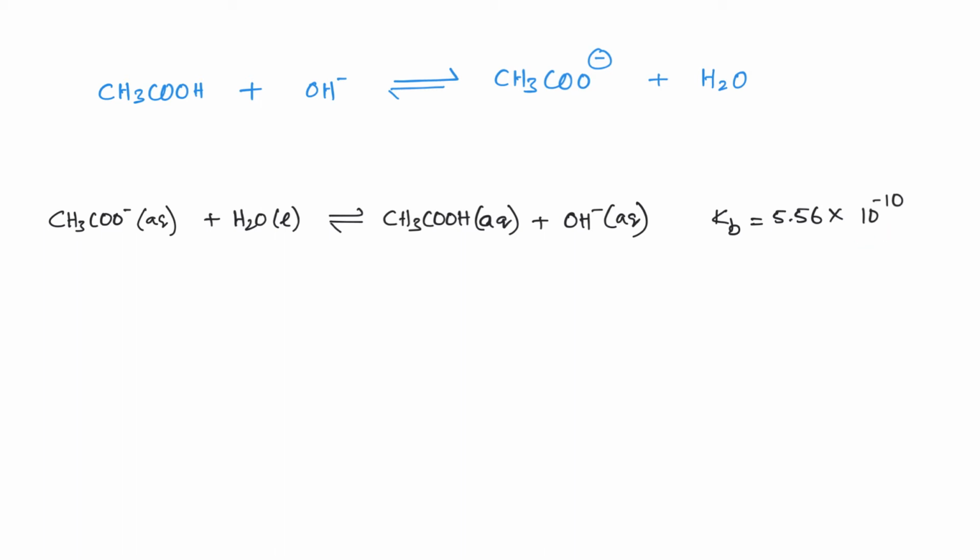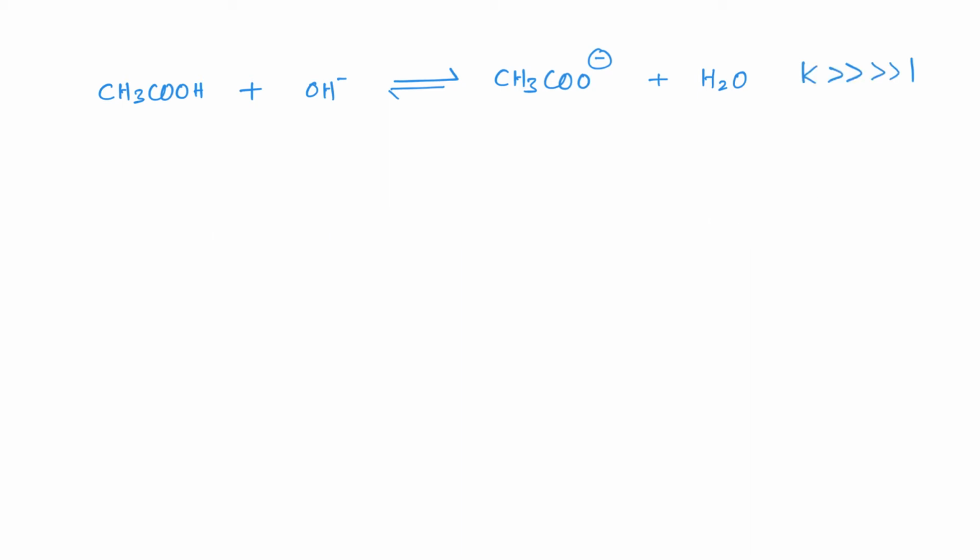Therefore, the K value for the current equation would be the inverse of this extremely small value, which would be an extremely large value, which means this reaction is a strong reaction and it goes to completion towards products. In other words, this is a limiting reagent type problem.